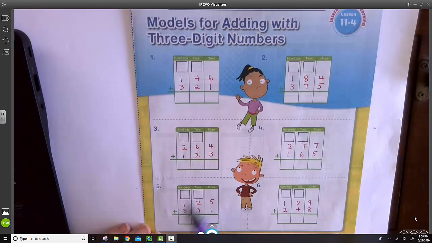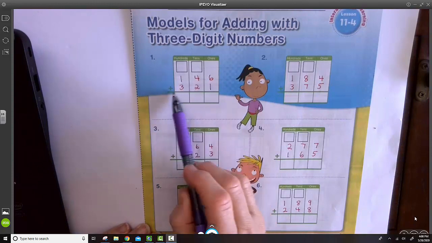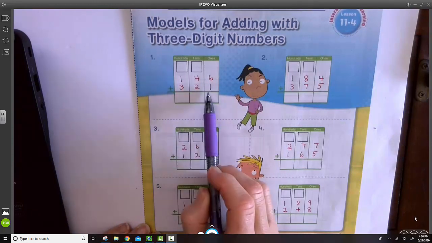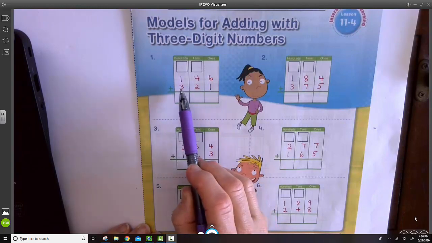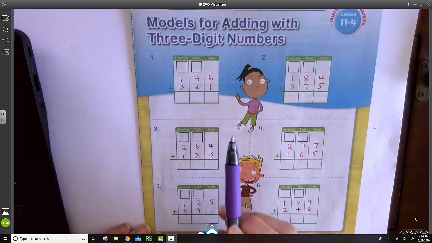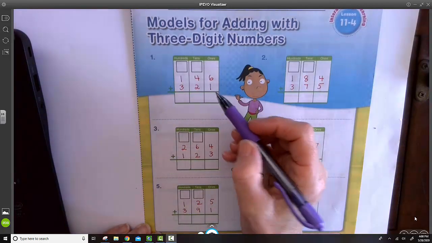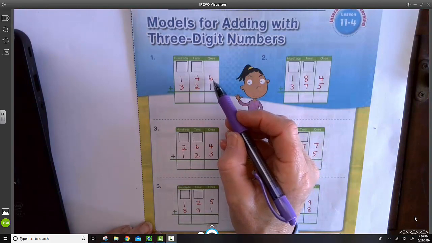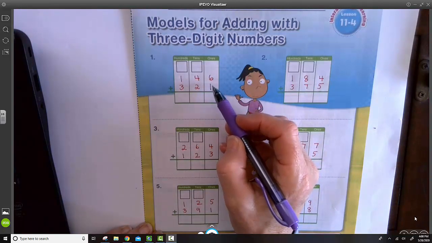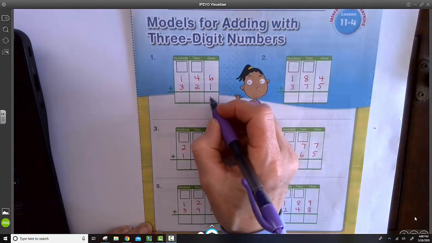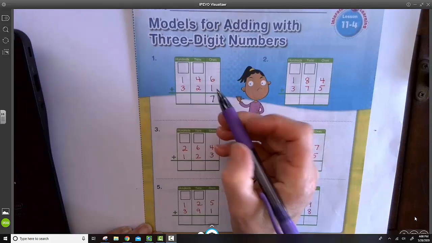So to begin, I love these two addends. And why do you think I love these addends? Probably you're saying because at a first glance, Ms. Bree, you see that there is no regrouping. Absolutely no regrouping, so I love it. 6 ones and 1 one. 6 plus 1 is 7.